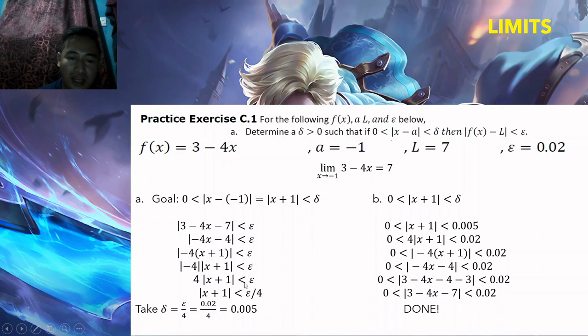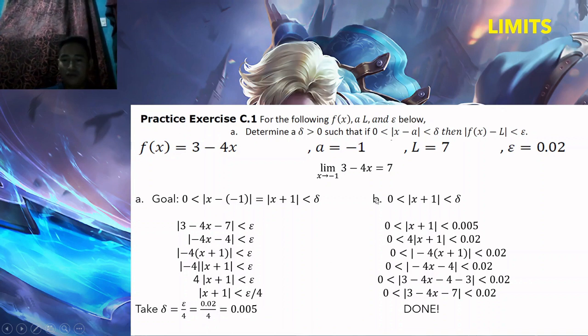Next class, divide by 4 on both sides, so we get the absolute value of x plus 1 is less than epsilon over 4. So we have formed the absolute value of x plus 1. Next, we take delta as epsilon over 4, which is equal to 0.02 over 4, which is equal to 0.005.